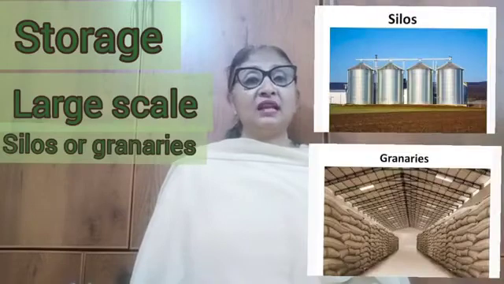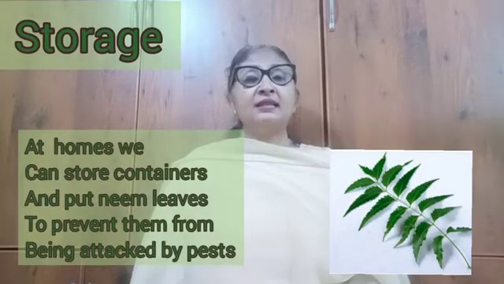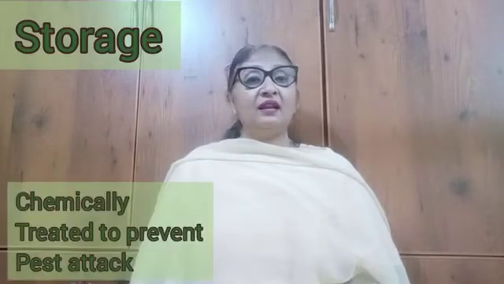On a large scale basis, these grains are stored in silos or granaries. At homes, we can store them in bins by putting dried neem leaves. Now thus we can store the grains. Sometimes these grains are also chemically treated for long preservation.